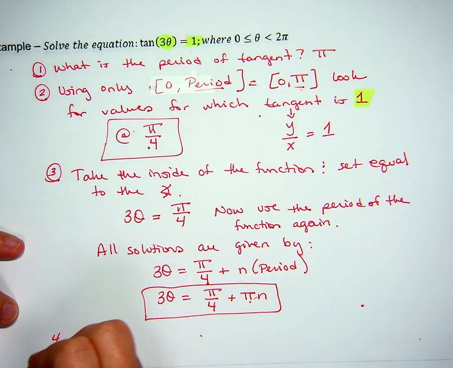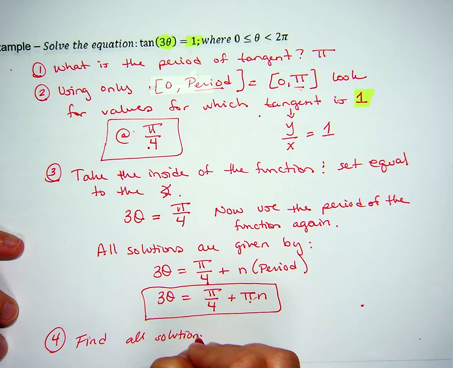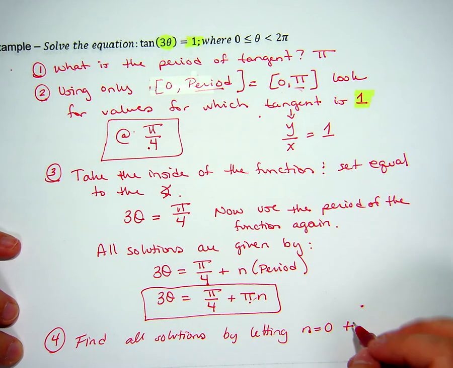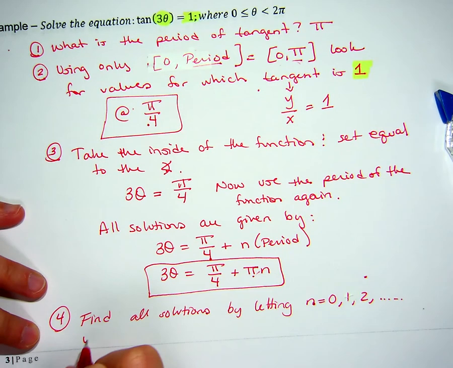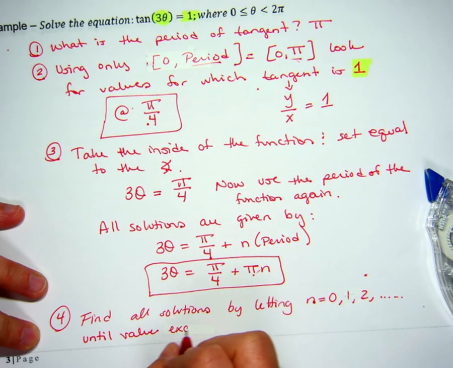Step 4 then is to find all solutions by letting n equal 0, 1, 2, and so on, until the value exceeds 2 pi.